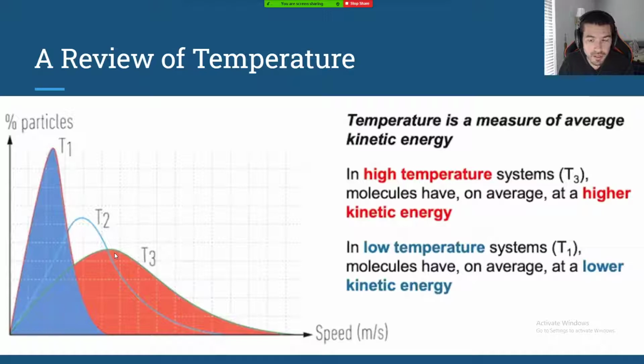Speed correlates to kinetic energy. So at high temperatures, your molecules, on average, have higher kinetic energy. At low temperatures, they don't have as much energy, so they have, on average, reduced speeds. Smaller speeds. So, pretty simple.